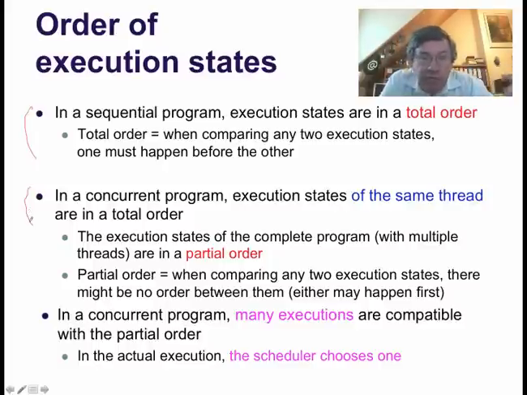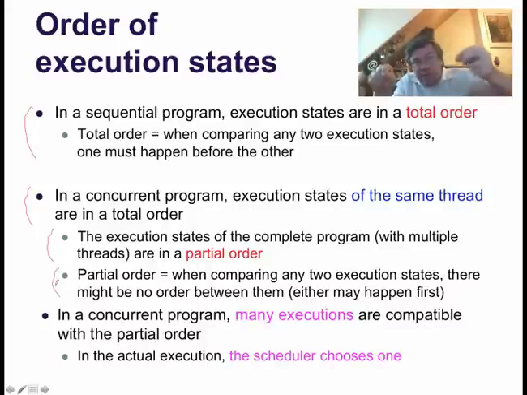Execution states of the same thread are in a total order because the instructions of the thread have a well-defined execution order. But this is no longer true for the whole program with more than one thread. These are in a partial order. It means if two threads are executing, then between this thread and that thread, there's no order defined. If I take any two execution states, there may not be an order defined if they're working on separate threads.